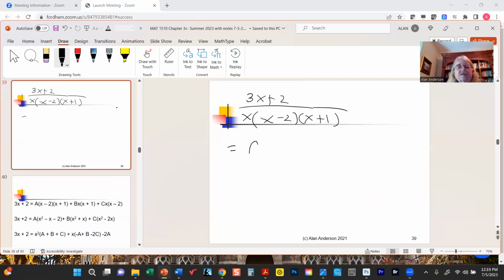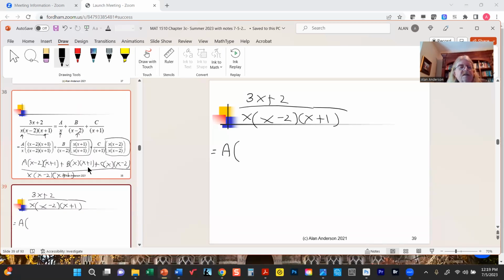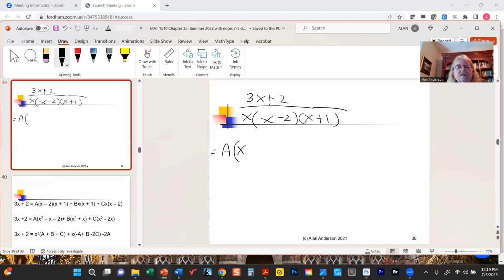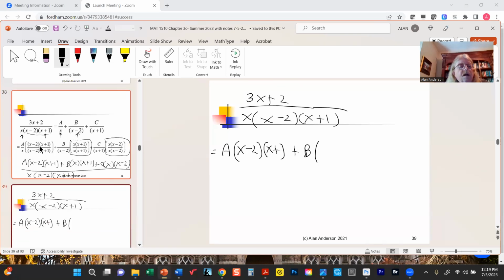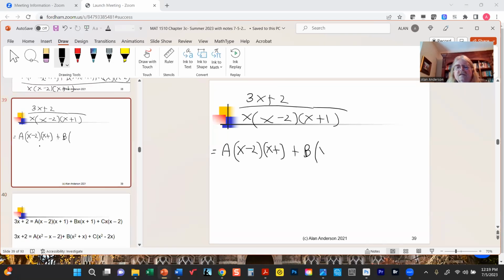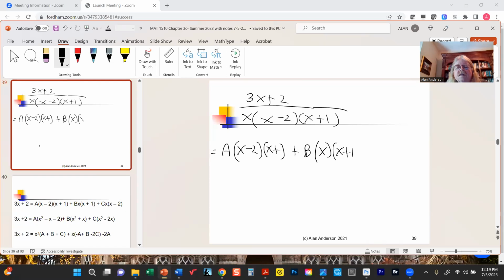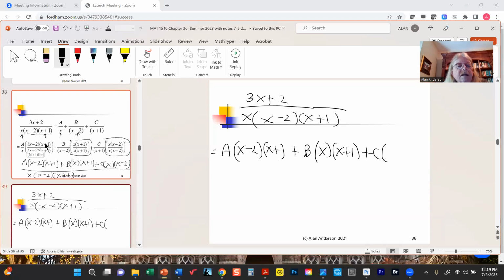And we demonstrated that this is the same thing as A times x minus 2 times x plus 1, plus B times x plus 1, plus C times x minus 2.